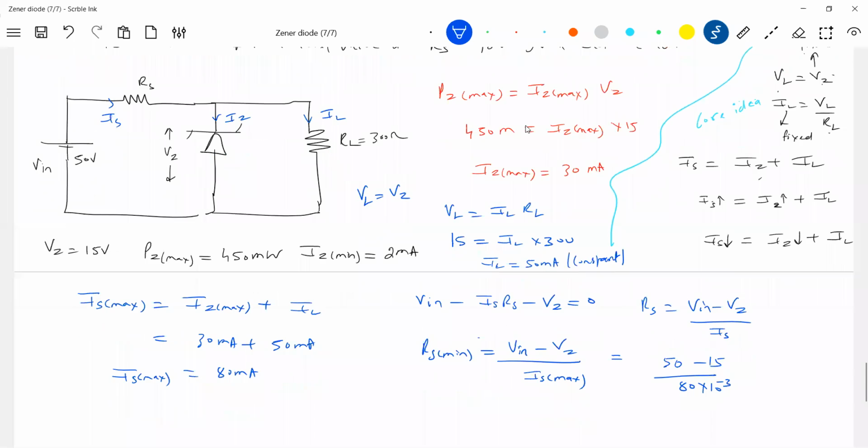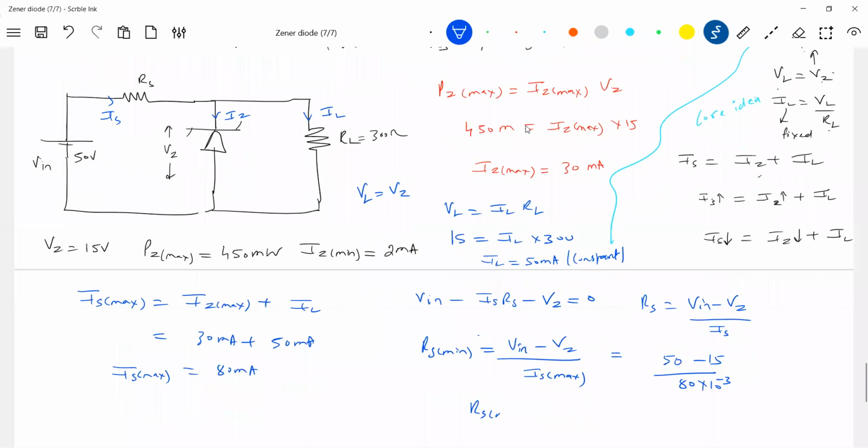Anybody, value of RS minimum? I'm getting this much by calculator. Check it. Okay, thank you. Now, similarly, I want RS max. Tell me, for RS max, what shall I do?